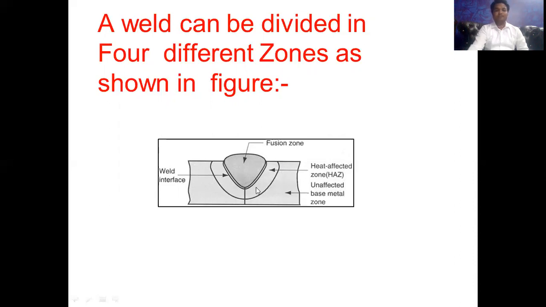Similarly, the heat affected zone has a grain structure which is equivalent to heat treatment. Whenever a material is subjected to heat treatment, such as annealing or normalizing, the material is subjected to high temperature and soaked at that particular temperature. Then the material is brought back to room temperature. We call it heat treatment.